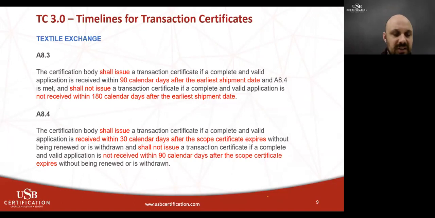The change is that we still can issue those TCs according to our risk analysis up to 90 days, but after 90 days, after 3 months, we are not allowed to issue any more TCs. So that's a key change as well that you should take note of.